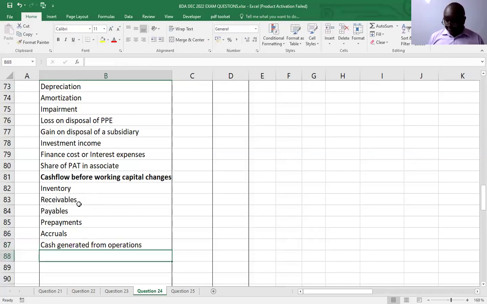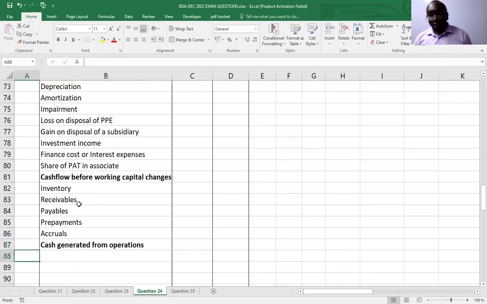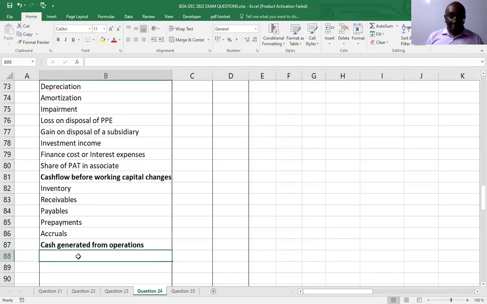Cash generated from operations. You can also make it bold. And then from there, we bring tax paid.